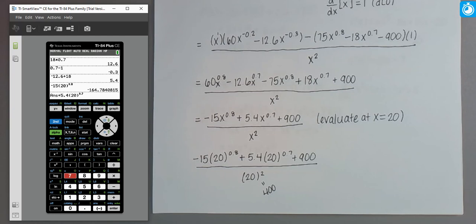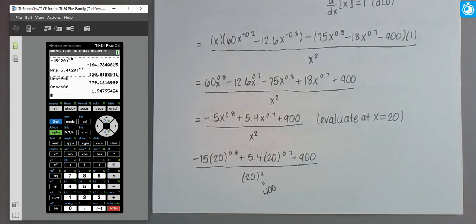Keep in mind, your calculator understands order of operations, so it knows to apply the exponent, then do the multiplication, and then add those two terms together. So I'm going to press enter, and there I am so far. Notice it's still a negative number, but when I add 900 to that, it's now going to be a positive number. I'm not quite finished. That's my numerator. I still need to divide that by 20 squared, which is 400.